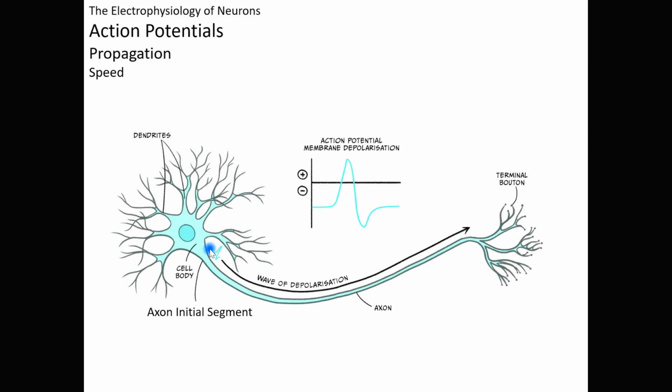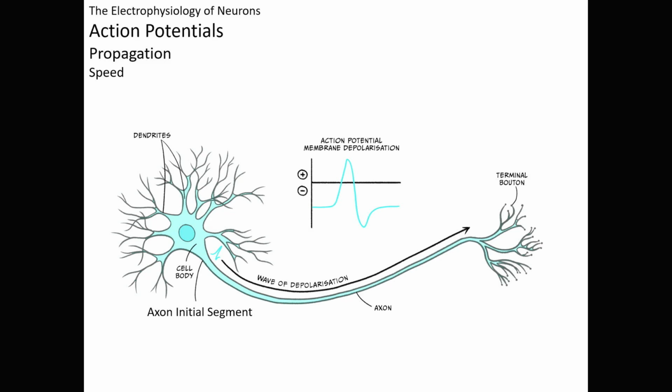And if our goal is to propagate that action potential to the axon terminals as quickly as possible, what we want is for the sodiums that come in through the voltage-gated channels to travel down the axon within the cytoplasm as far as they can go, right? The more time that the sodiums spend traveling down the axon within the cytoplasm, the faster we're going to be able to propagate action potentials.